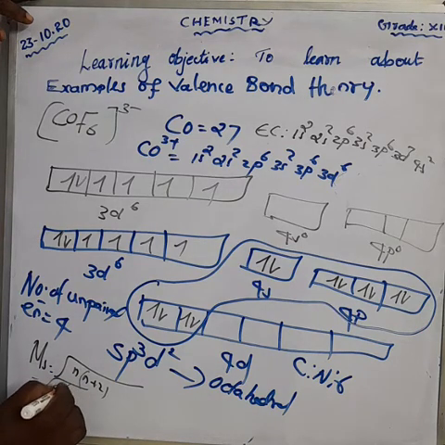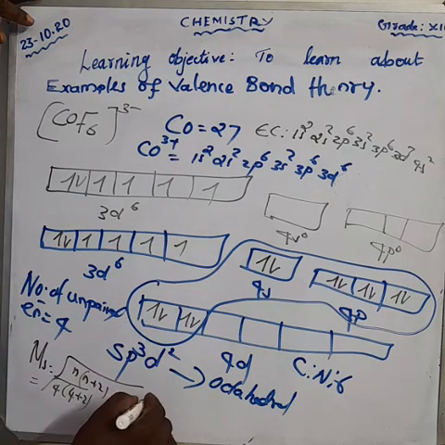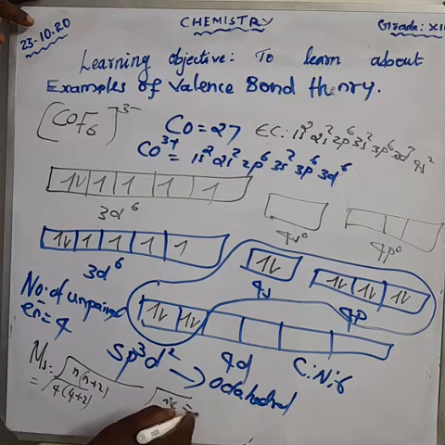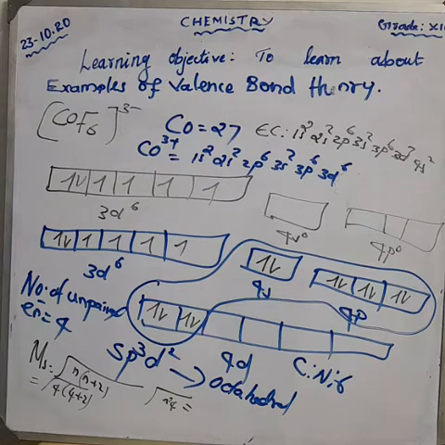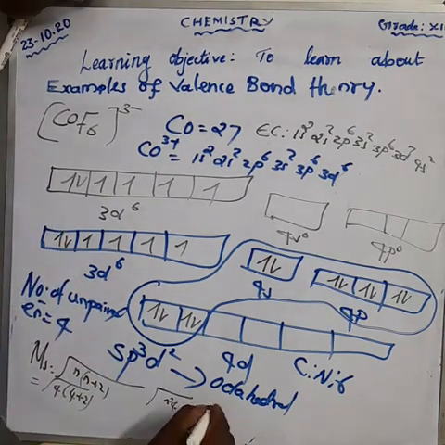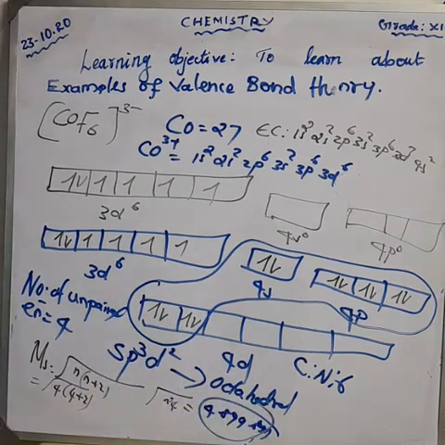Root of 4 into 4 plus 2, that is root of 4 into 6, which is 24. So we get approximately 4.89 Bohr magnetons. This is the magnetic moment of this complex, CoF6. Next you should learn the limitations.